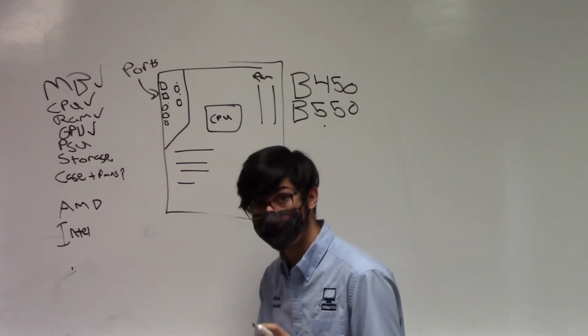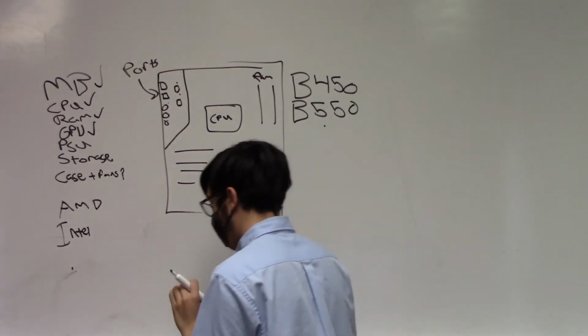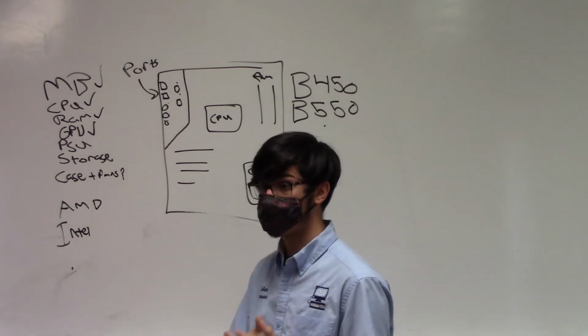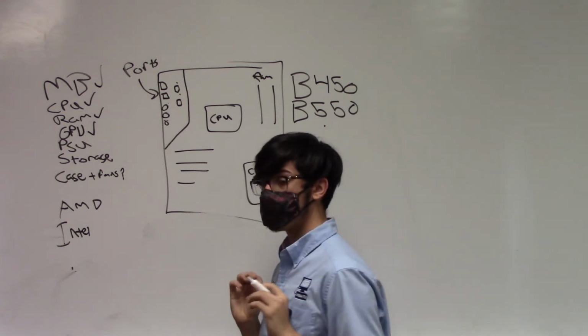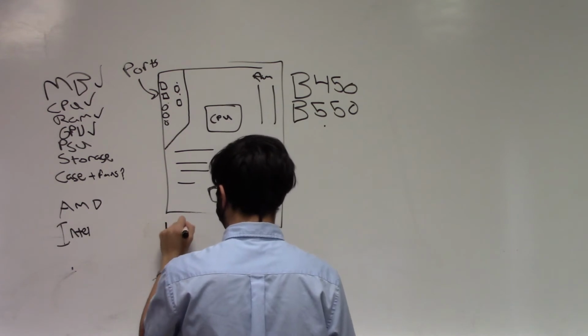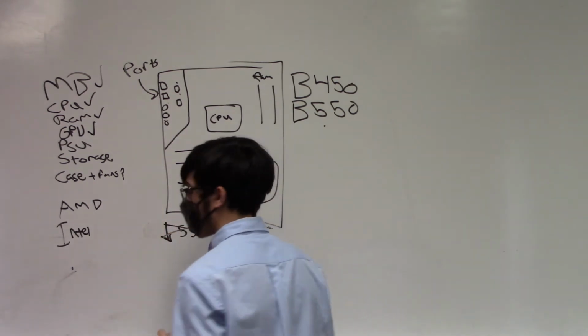Now, a power supply has watts, meaning that it has a certain amount of electrical power that it can take before it just absolutely dies. And there are different tiers of that. If you have anything under 550 watts, ditch it.